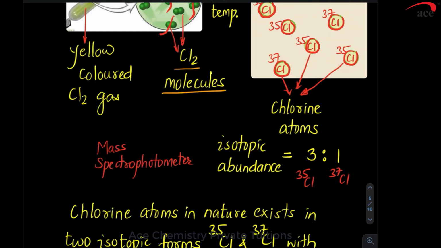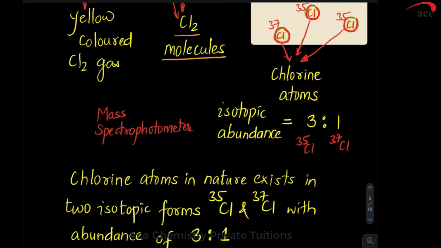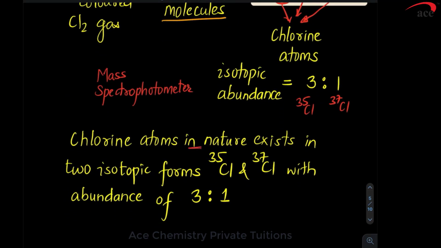That means isotopic abundance was in the ratio of 3:1. So chlorine atoms in nature exist as isotope 35, 37 with abundance of 3:1.